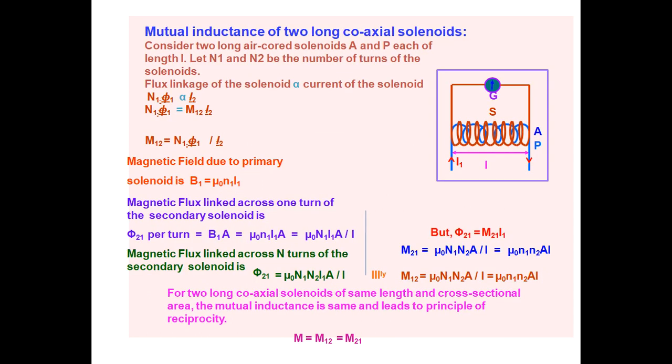Then we will see one expression, that is the mutual inductance of two long coaxial solenoids. Suppose here the two solenoids are coaxial solenoids, and both have the same length.